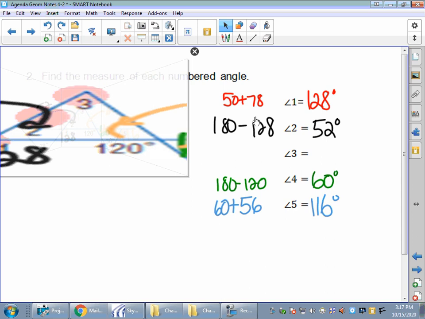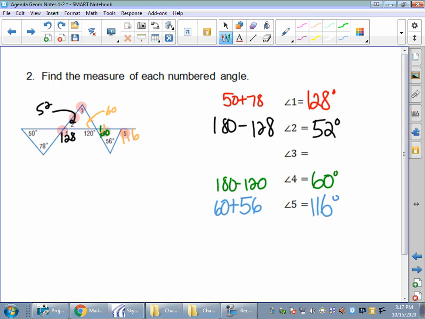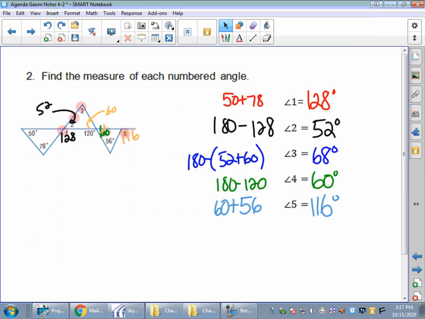I could do 52 plus 60, subtract that from 180, and then I've got myself an answer for angle 3. So 180, I'm going to subtract the 52 plus 60. I don't know if you like the way I wrote that or not, but you can do it differently in your calculator. What's that come out to? I think 68. So we've got ourselves a diagram filled out.